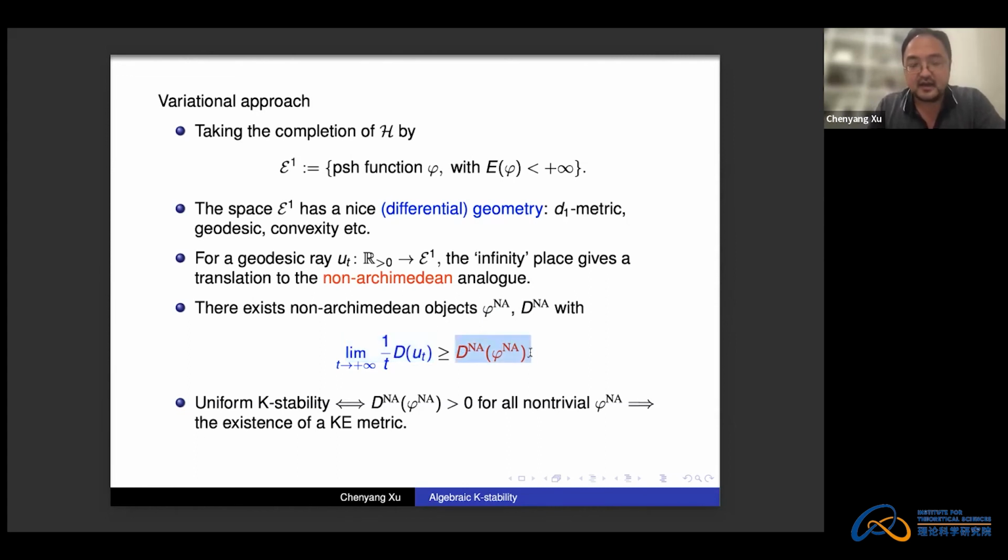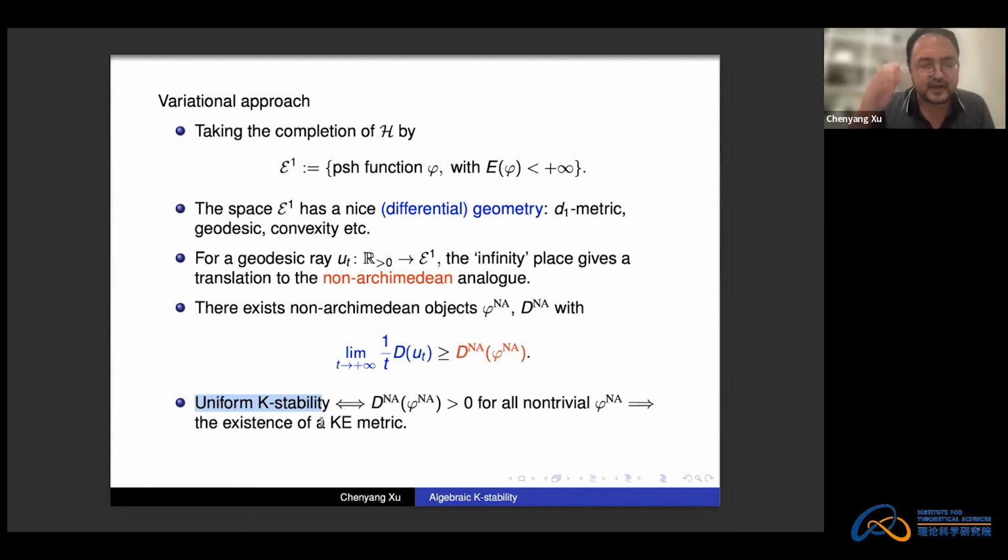And for that, we just say this is uniform K-stability, and this will imply the existence of a Kähler-Einstein metric. And actually this setting works even for singular Fano varieties.